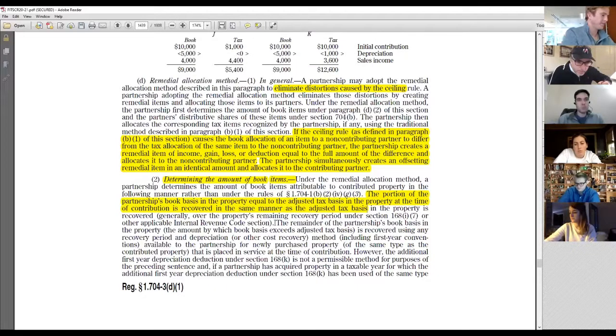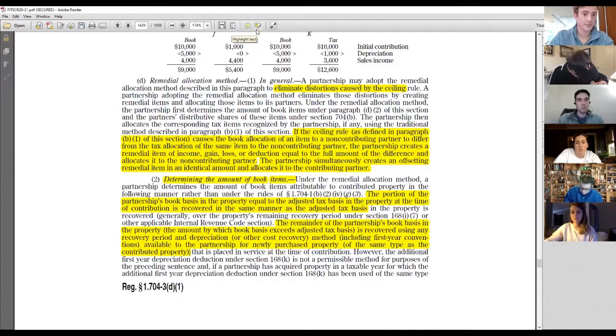Then the remainder of the partnership's book basis, we call it the excess book basis, is recovered using any recovery period available to the partnership for newly purchased property of the same type as the contributed property. So that excess book basis is depreciated like it's a new piece of property of the same type. With straight line, which is what we're going to use in this class, that means you basically start the recovery period over. So you'll need to know the remaining recovery period, and you'll need to know the original recovery period.